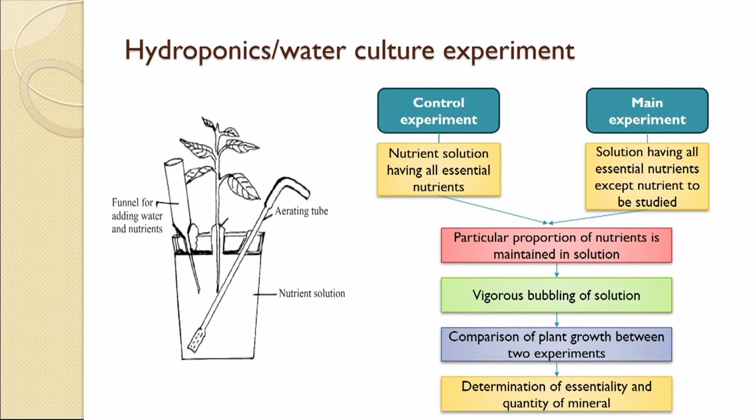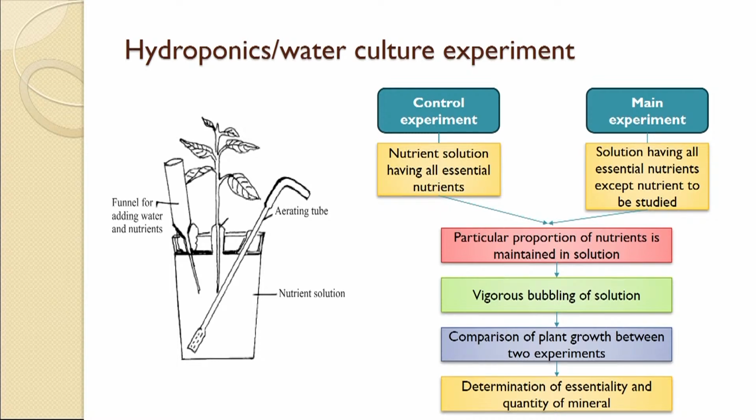In the control experiment we add all the nutrients which are essential for the plant, while in the main experiment we add all the essential nutrients needed for the plant except the one nutrient for which we are conducting the hydroponics study, as we need to determine the quantity and the essentiality of that nutrient for this water culture experiment.